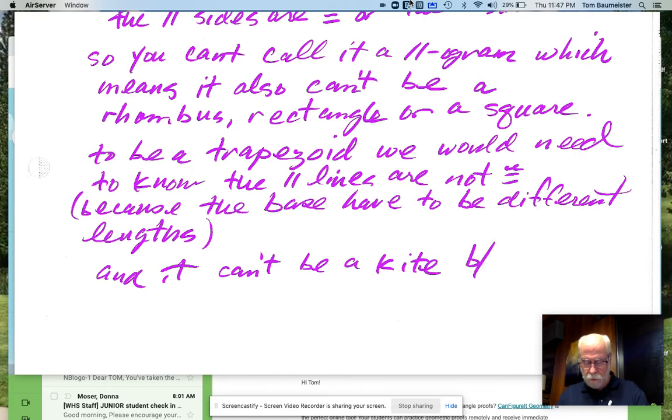because remember with a kite, the adjacent sides have to be congruent, and in this case we have a pair of opposite sides congruent.